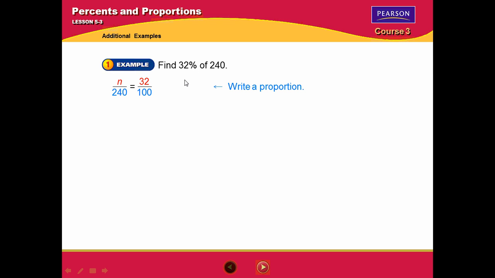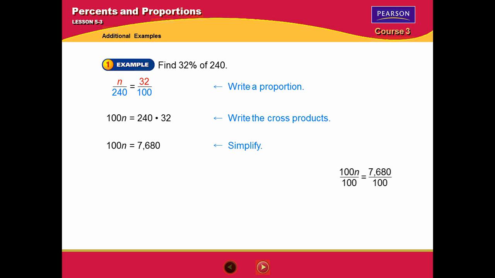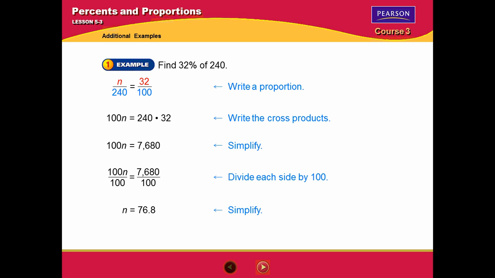So we're finding 32% of 240. So we're looking for part of 240. We would cross multiply, simplify, divide each side by 100, and simplify finally. N is equal to 76 8/10.